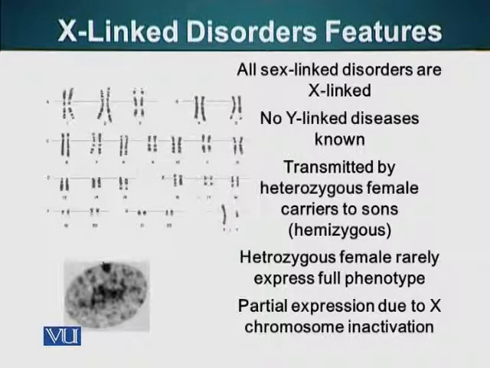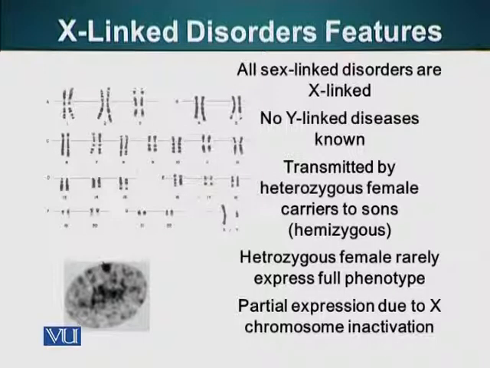Heterozygous females rarely express full phenotype. Heterozygous females, meaning females having two X chromosomes, one with a defective copy of a gene and the other with a normal gene. As we know, we have two alleles for a particular gene, so one allele is defective, the other is normal. So why would females, who have a normal copy, be affected?